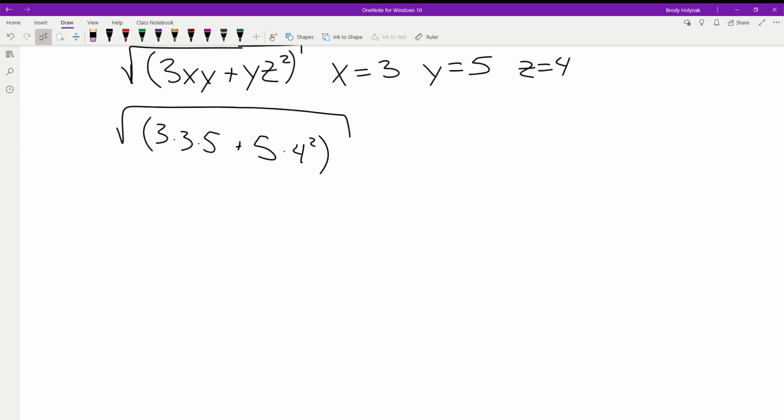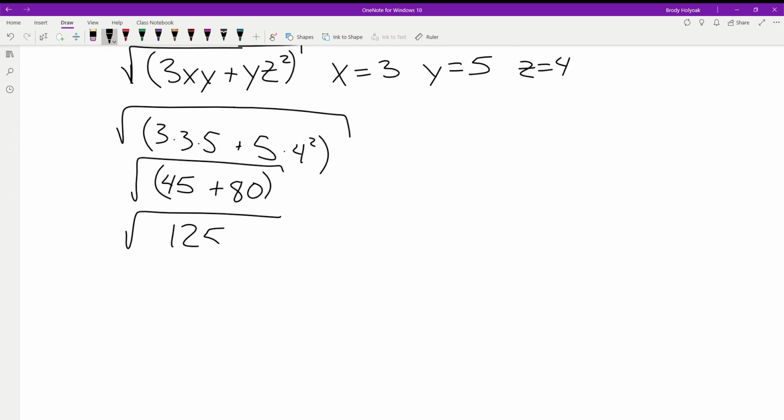So 3 times 3 times 5 is 45, plus 80, which is 5 times 4 squared. So then we have 45 plus 80, 125. And the square root of 125? 11.18.